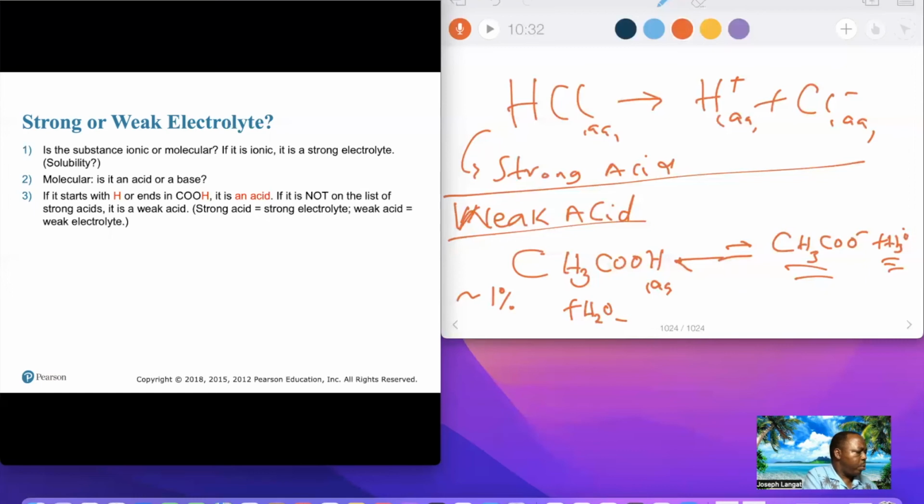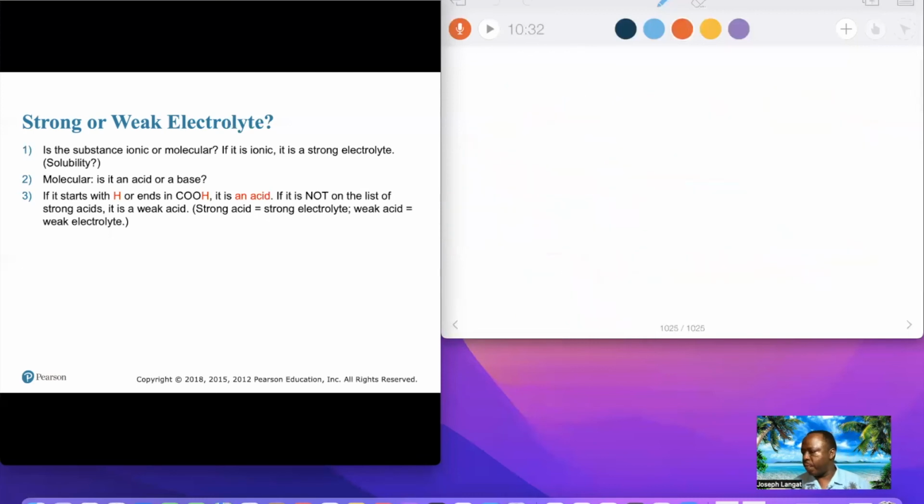But how do you know that this is a weak acid, this is a strong acid? You need to memorize what constitutes a weak acid. Here are a few examples of weak acids.